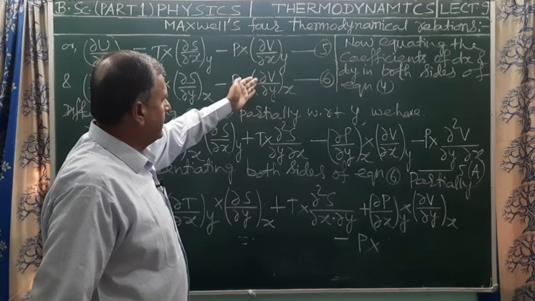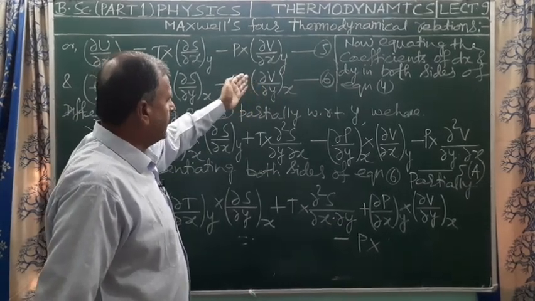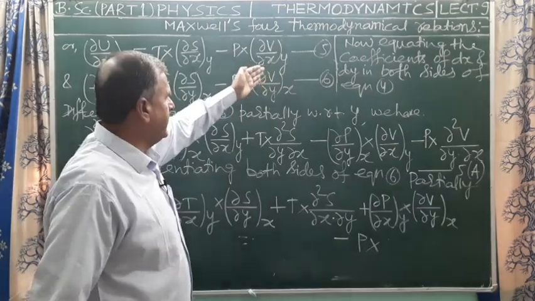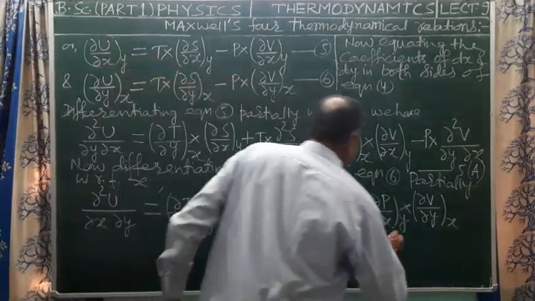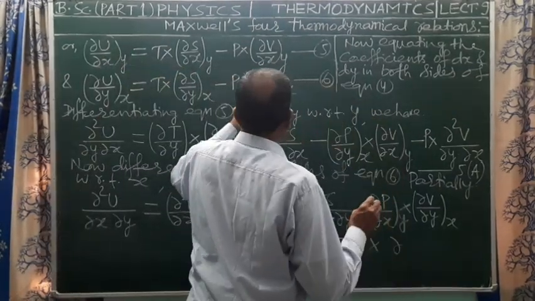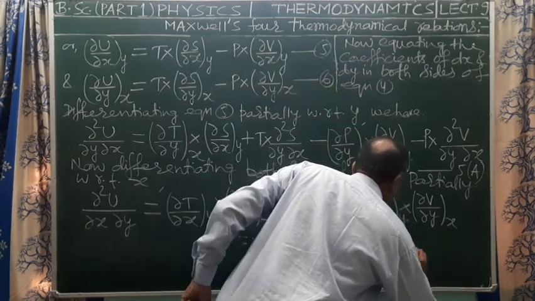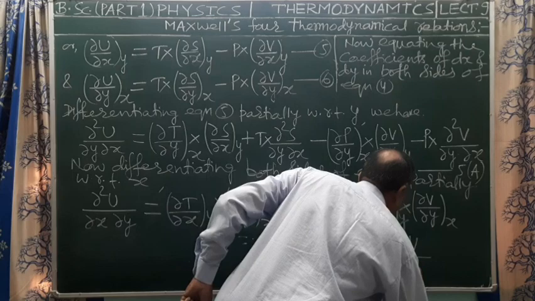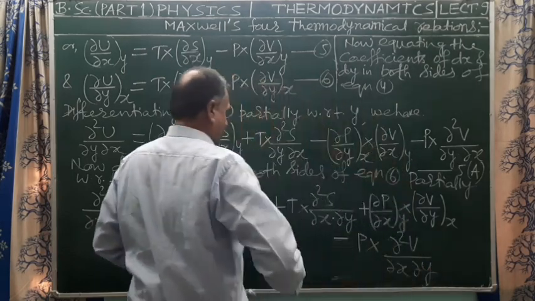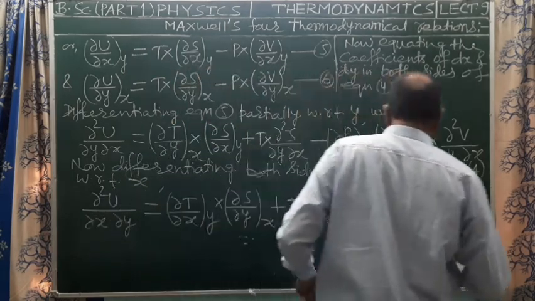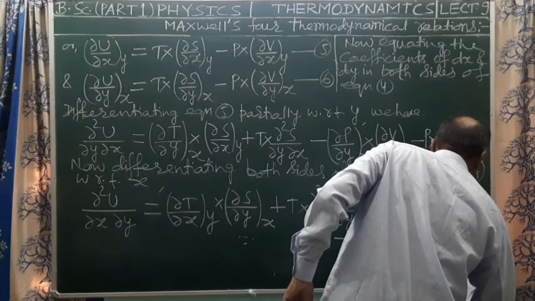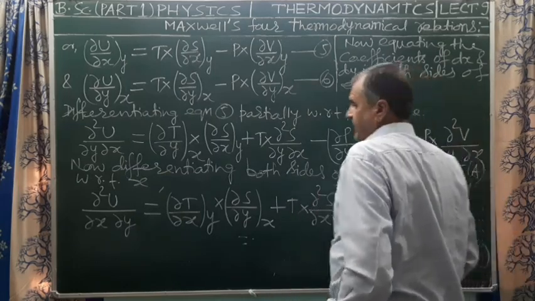So it is del upon del x of del v upon del y, which is del square v upon del x into del y, and say it is obtained from equation 6. So say it is equation number 6a.